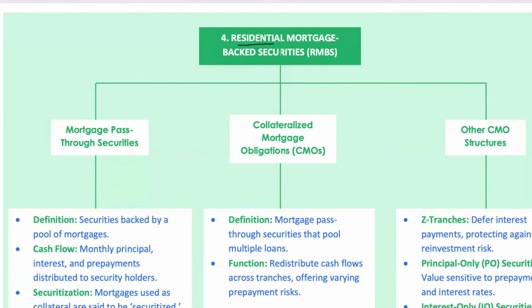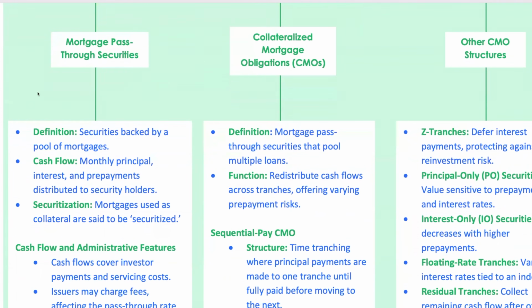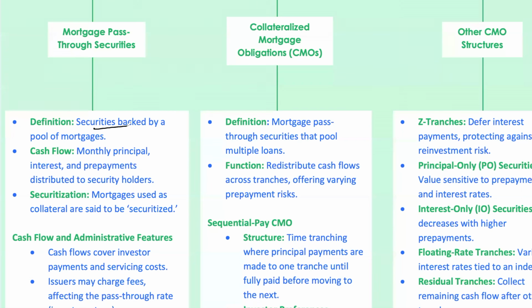A key type of RMBS is the mortgage pass-through security, where mortgage lenders pool individual mortgages together and issue securities backed by that pool. The cash flow from these mortgages passes through to investors who receive monthly payments that include both principal and interest.